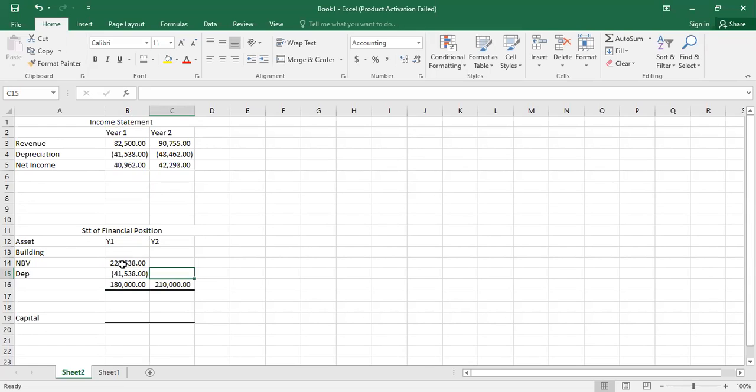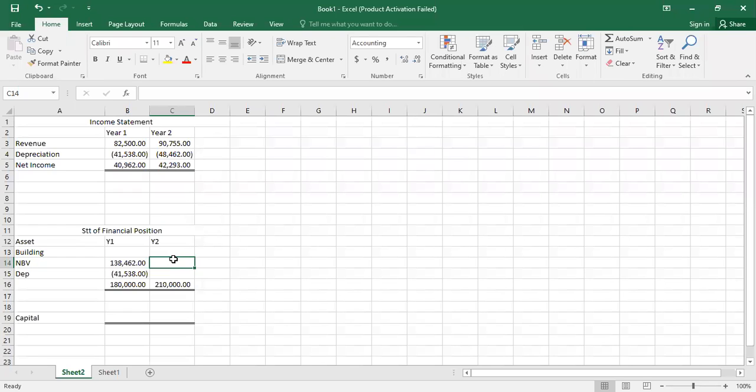What is 180 minus 41,538? 138,462. Don't know what has happened to the Excel. So that is my asset, the replaced asset. Now we come to year 2, and this is where now the quagmire is.